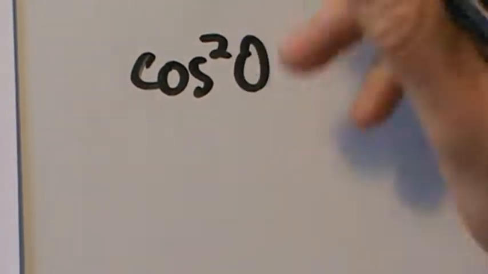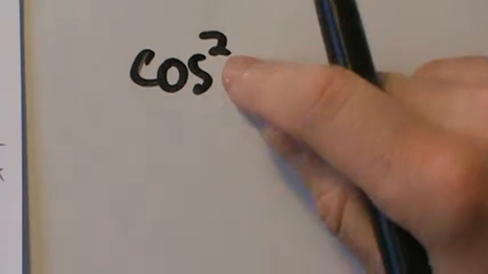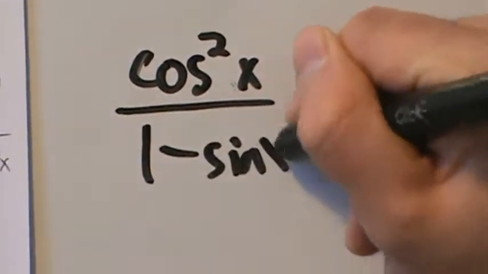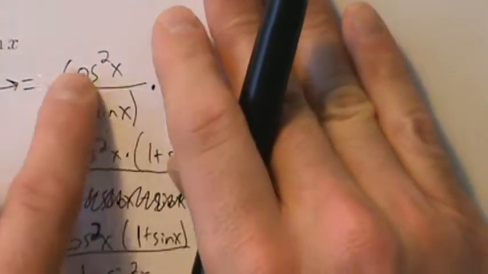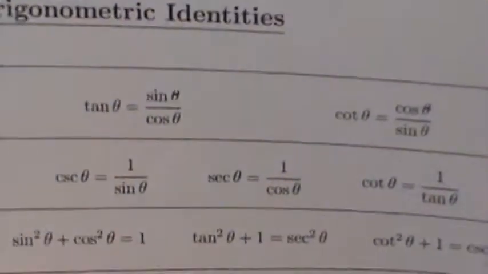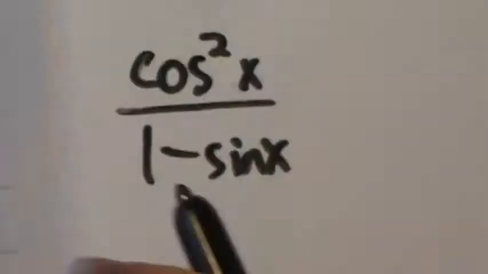So what I was saying is if we have cosine squared of x over 1 minus sine of x, which is the step we eventually got to here, we know from the Pythagorean identity, sine squared of theta plus cosine squared of theta is 1.